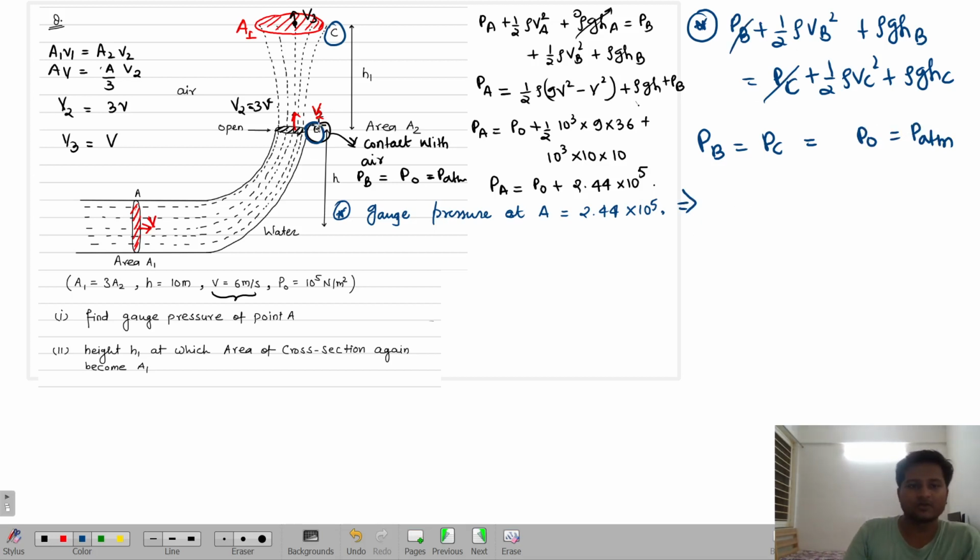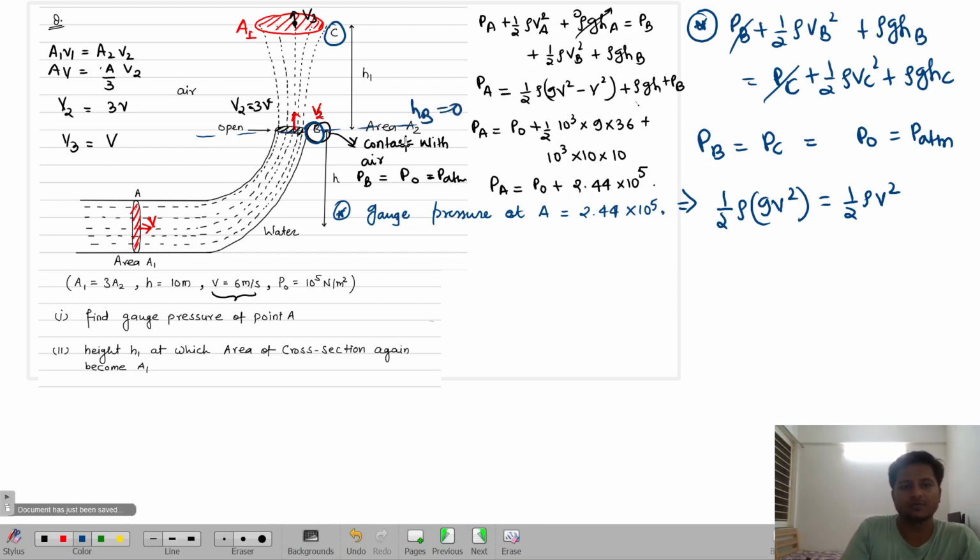Half rho V B square, V B is thrice of V. So half rho into 9V square, and that is equal to half rho V of C square. We know that V of C is similar to the velocity V because the area needs to be the same, isn't it? One minute, sorry. I can take height of B as a reference point, means I can even measure from here also. So h of B becomes 0.